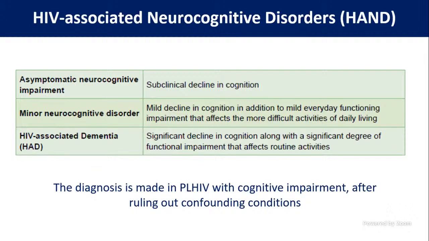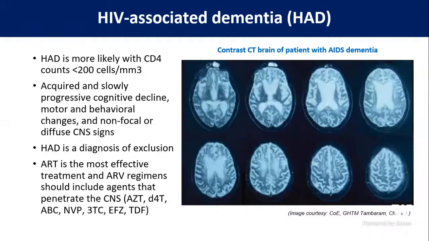If you test these patients with neuropsychiatric tests, you may be able to demonstrate mild dysfunctions, and the treatment is usually with only ART. Next. So here, you see there is cortical atrophy. Look at what has happened. The ventricles seem to be bigger. There are no white matter lesions, but there is cortical atrophy.